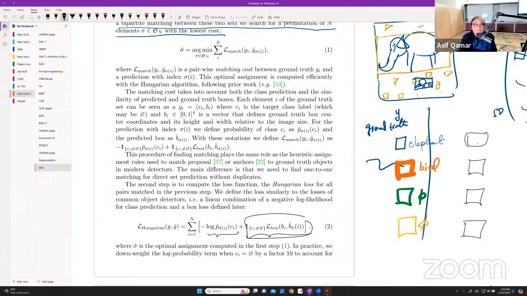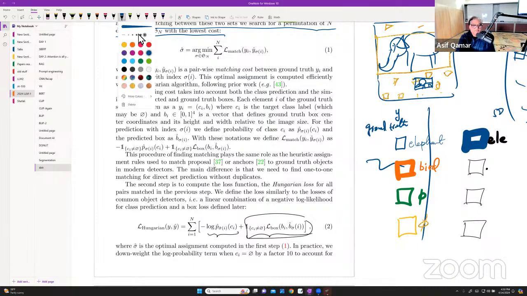See, when will I have the lowest cost? If I have already put an elephant here, let's say that I got the elephant right, now should I go and put the elephant here also? Make another bounding box? Hypothetically, I make this bounding box blue, put an elephant there, that's right.